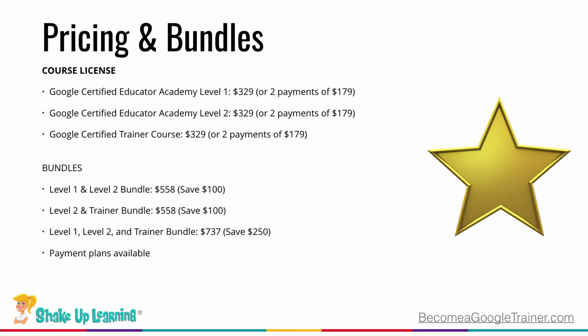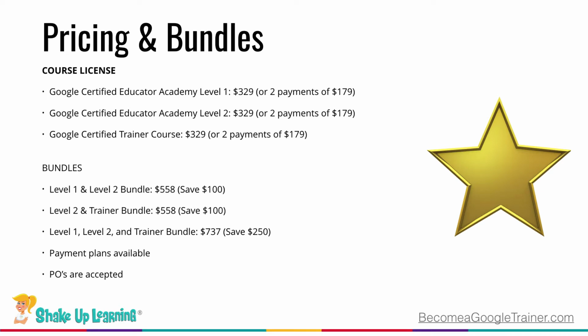Now, there are payment plans available for everything listed here, and we are also accepting purchase orders from schools. So if you're watching this video before November 20th and you plan on using a purchase order, start that process now. So you'll find when you go to becomeagoogletrainer.com, there's actually a link at the top to click on called purchase orders, and there's a form.